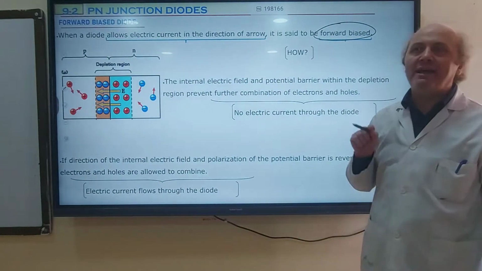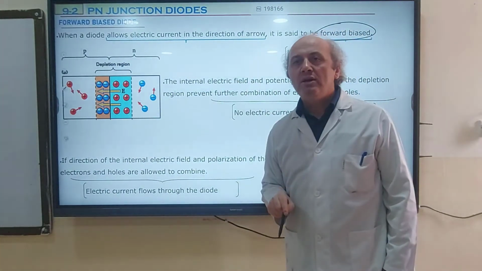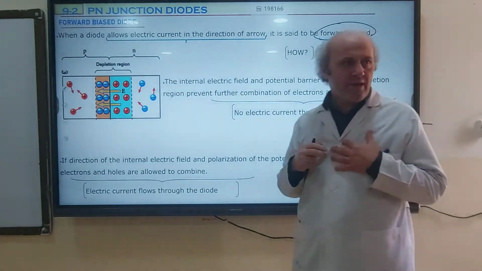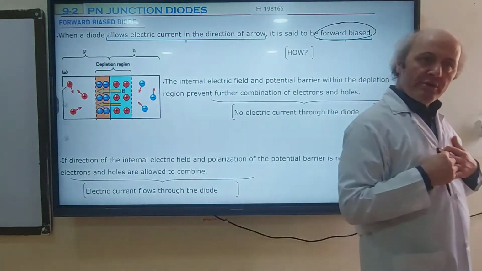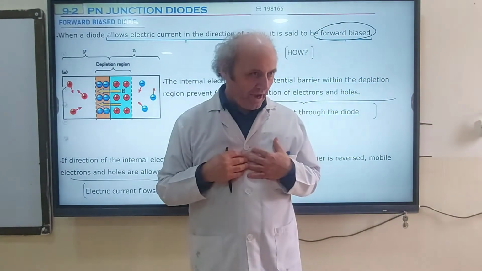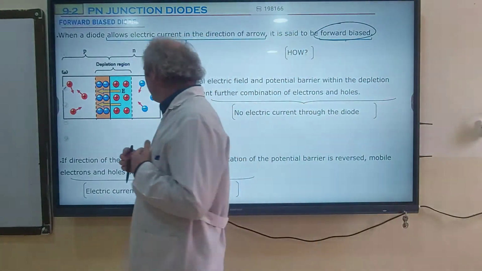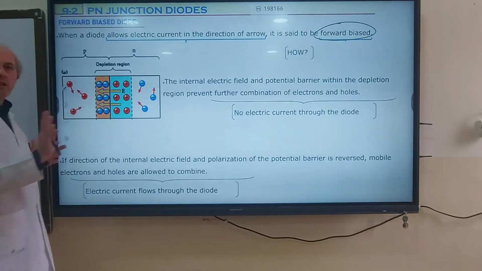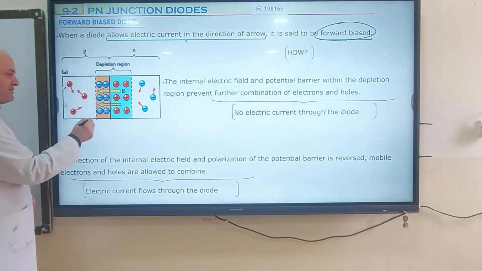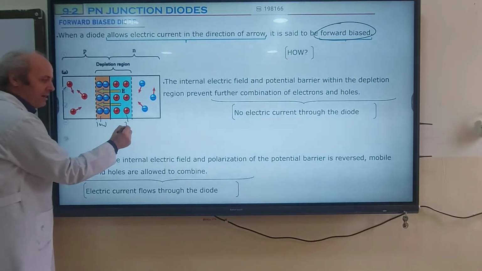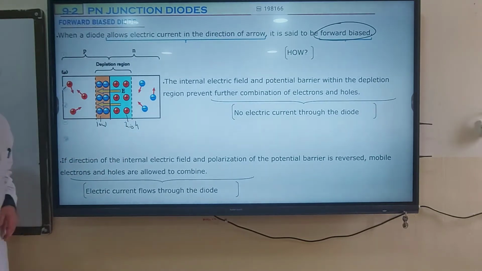A diode lets electric current in one direction, in the direction of the arrow. But how can we do that? How can we make a diode to be forward biased? Okay, you know that normally these holes and electrons cannot combine anymore because this side has a low potential and this side has a high potential.